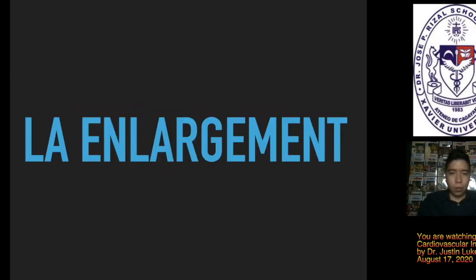Now let's go to left atrial enlargement. For the left atrium, this one has the most number of signs, and it's fun because they appear as a combination, and it can be easily seen in radiographs.